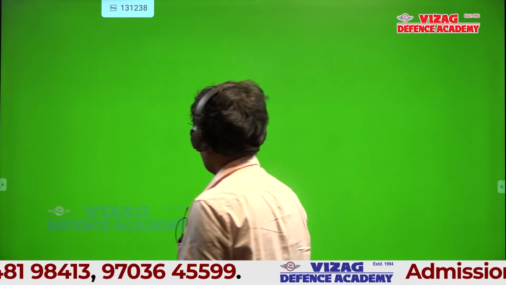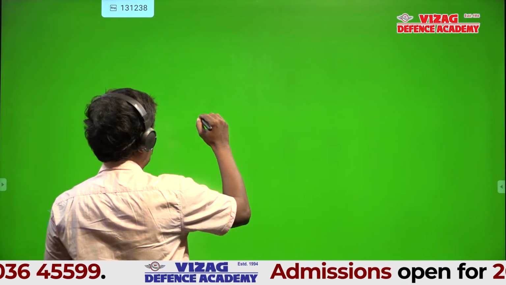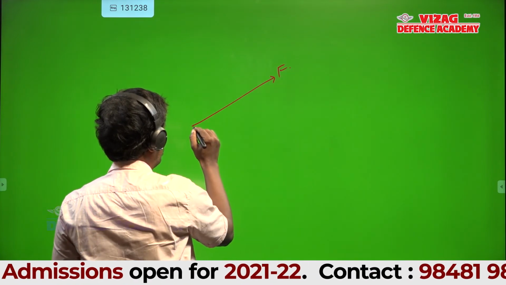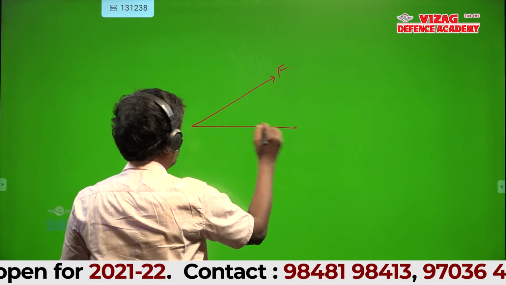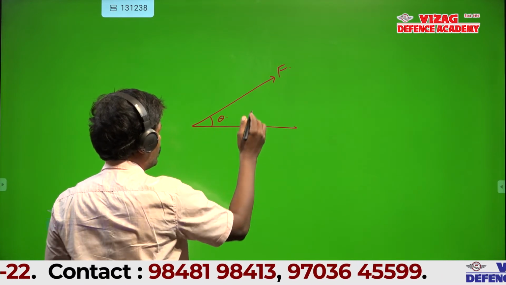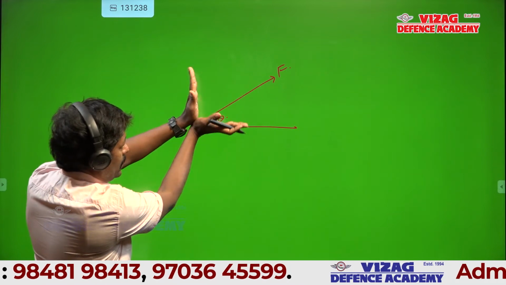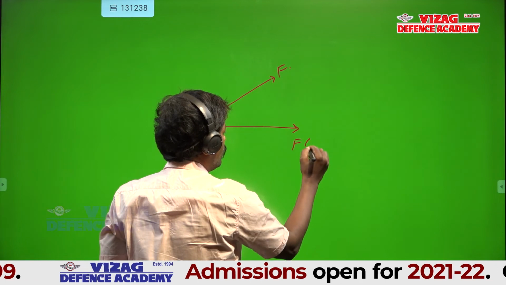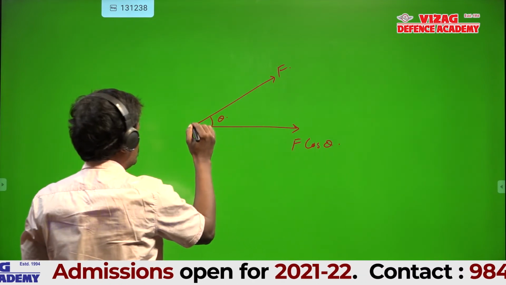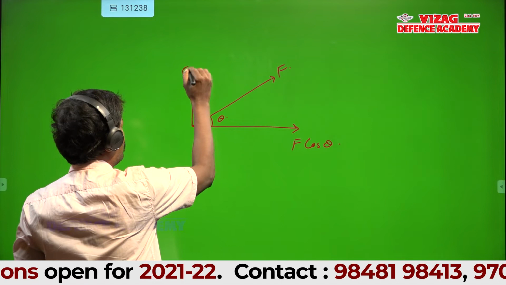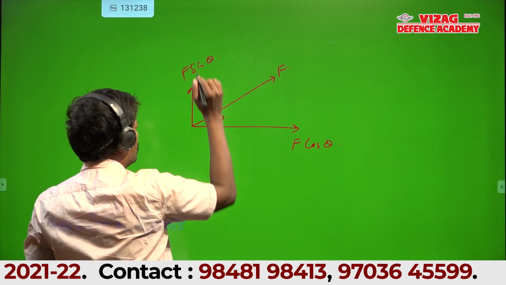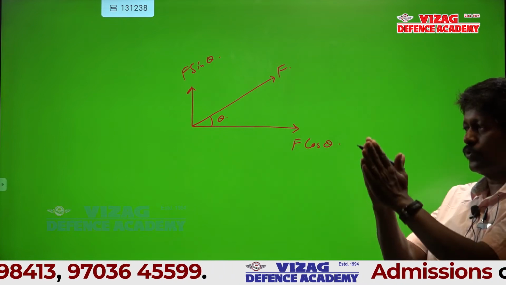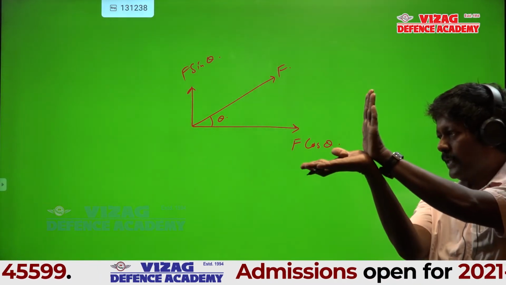Listen. Now, if you have a vector, suppose this is a force vector at an angle theta to horizontal. I can split up this force into two parts. One is F cos theta, the other is F sin theta. That means I split up the force vector into two parts perpendicular to each other.